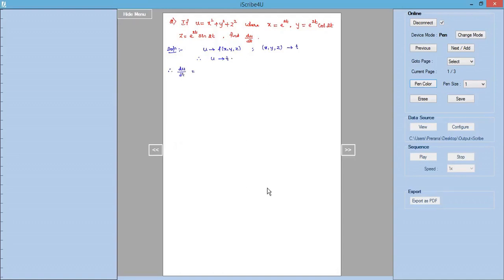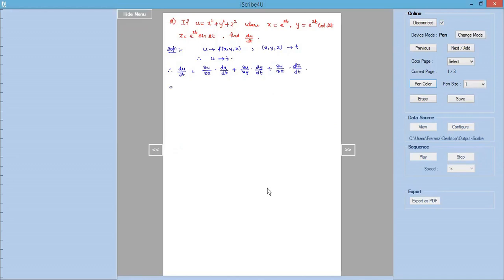So du by dt is given by dou u by dou x into dx by dt plus dou u by dou y into dy by dt plus dou u by dou z into dz by dt. Since u is a function of three variables, we have three terms involved in the right hand side of the formula.